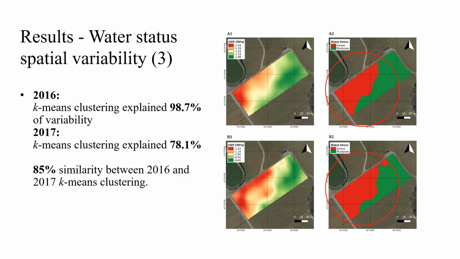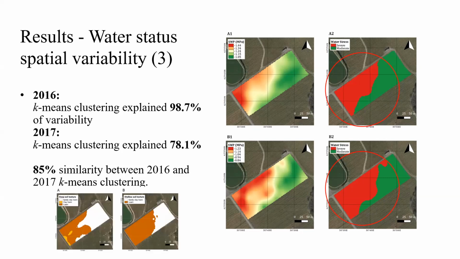In 2017, the two clustering maps were 70% and 78% similar to the deep soil and shallow soil texture maps, respectively. Like here, you see the similarity there.